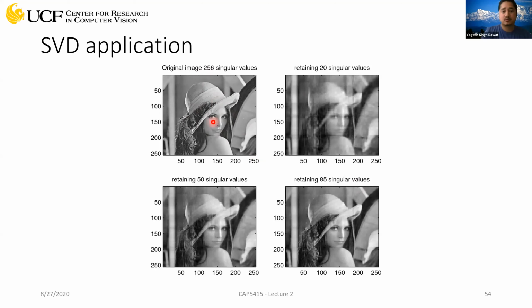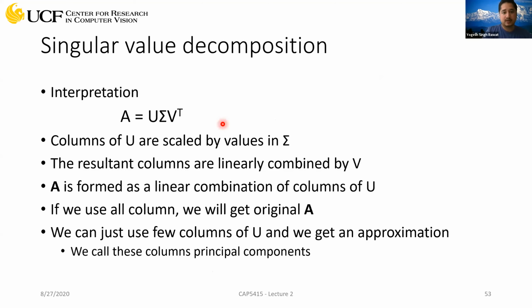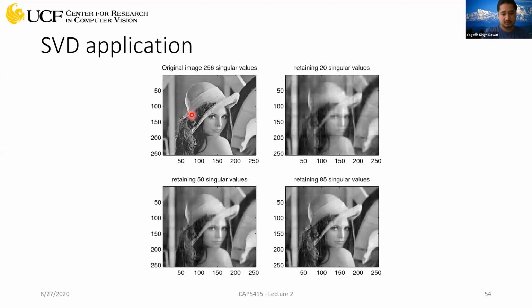But if you do SVD matrix factorization of this image, you get these three matrices, and you don't have to save all those values. Depending upon your storage requirement, you can store only a few of the columns, so all these matrices will be smaller. Instead of saving the actual image, you can save these matrices, and when you load the image, you just do the reconstruction and form the image.